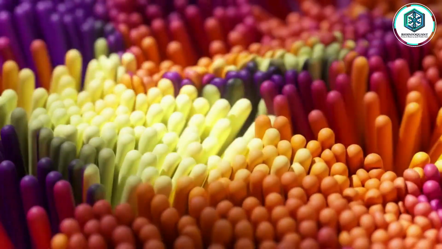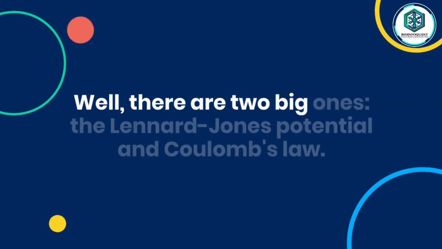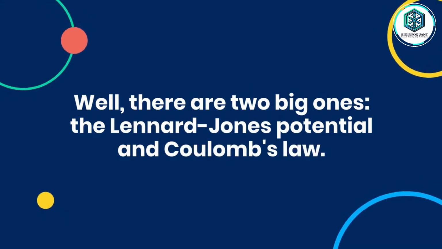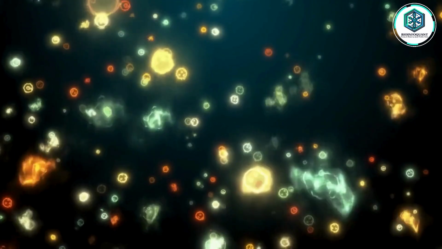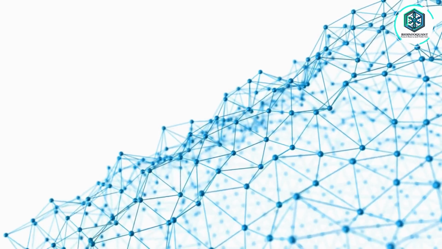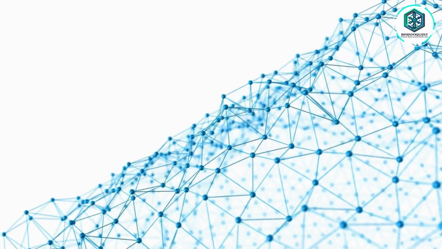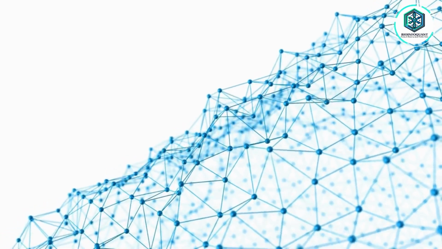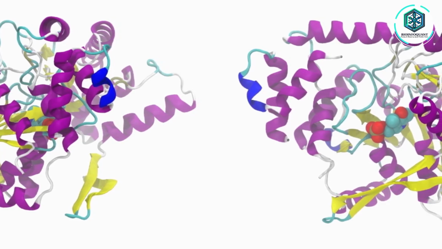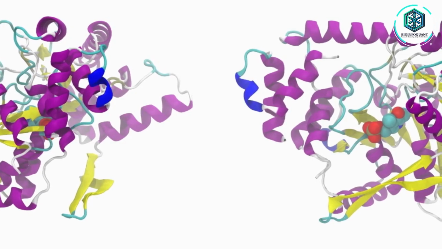Got it. So what are the main players in this non-bonded world? Well, there are two big ones, the Lennard-Jones potential and Coulomb's law. Oh, I remember Coulomb's law from physics class. Yeah. Refresh my memory on what these actually mean for our atoms. Okay, so the Lennard-Jones potential describes this sort of push and pull between atoms. At really close distances, atoms repel each other strongly.